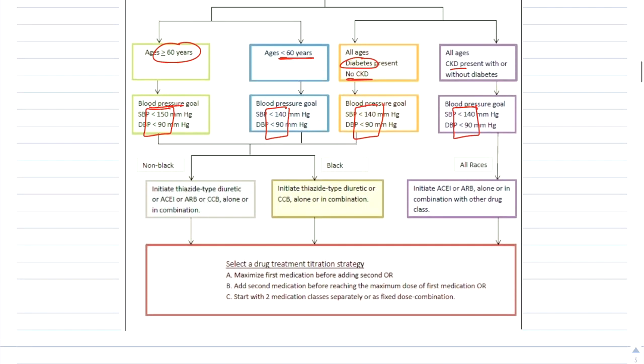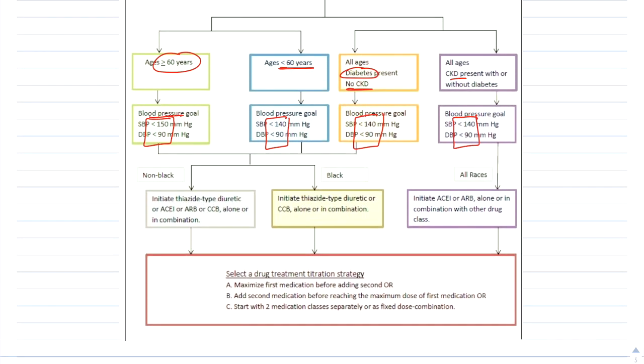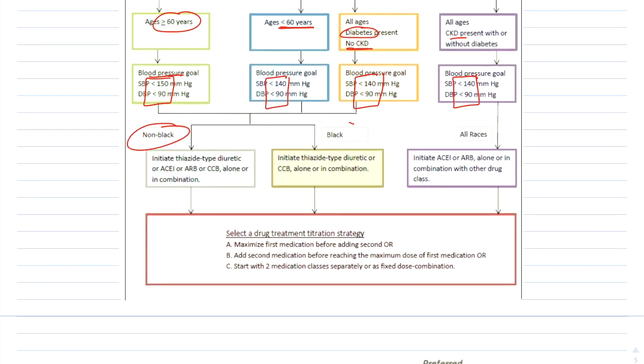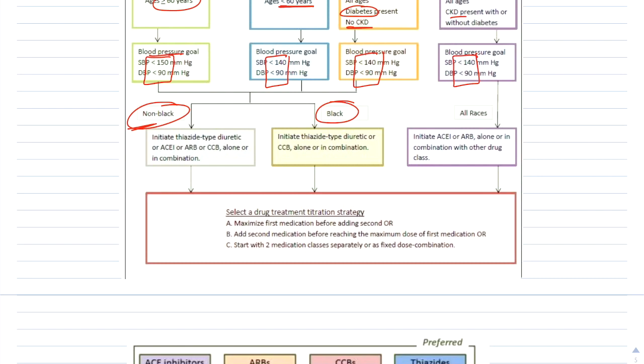Now this population, all ages, has been divided into non-black and black population. The non-black population can be started with ACE inhibitors, ARBs, CCBs or thiazide type diuretics alone or in combination. The blacks are not to be given ACE inhibitors or angiotensin receptor blockers. They should only be started with thiazide diuretics or calcium channel blockers alone or in combination.